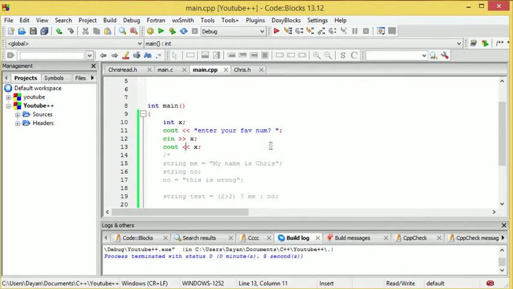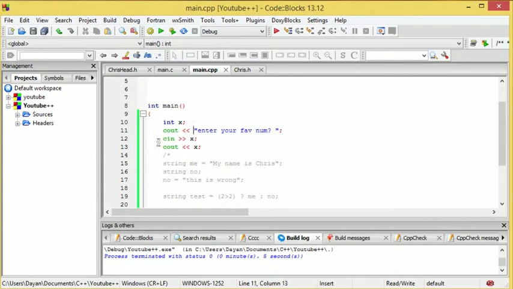Now, it's basically about these characters, the two less than signs, and in the other case there's also greater than signs. I hope I got them in the right order. Basically, what they are is they're known as stream operators, and also in some cases bitwise operators.